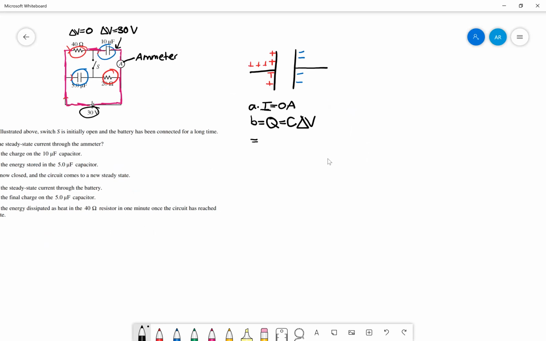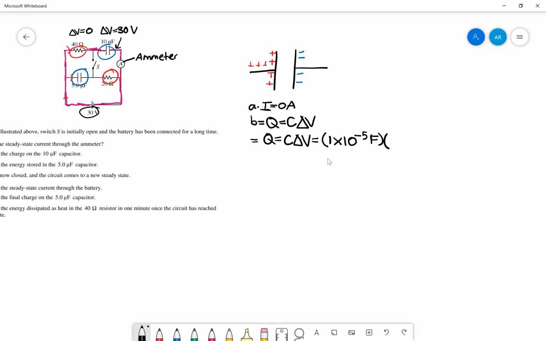We get our charge equals C times the voltage, and C is 10 microfarads, or 10 times 10 to the negative 6, that's just 1 times 10 to the negative 5 farads.